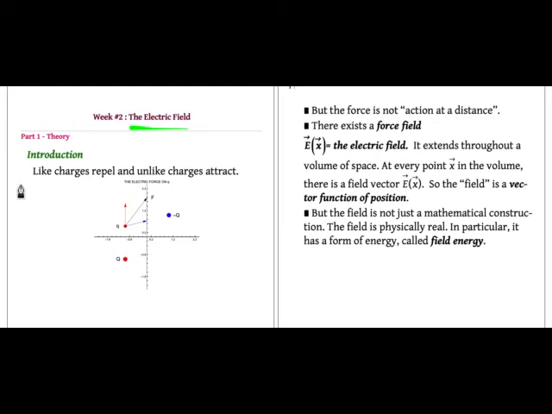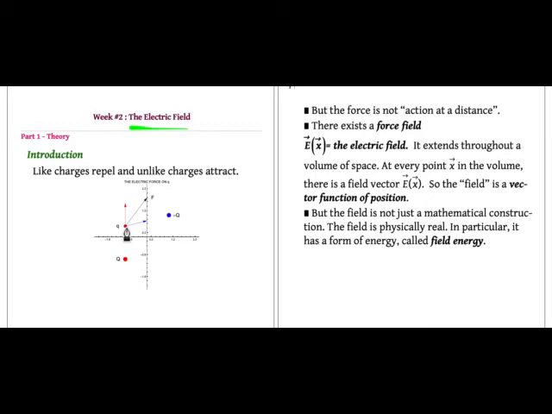We know from last week, like charges repel and unlike charges attract. So if we had a system with two charges plus Q and minus Q, and a third charge little q, well, then there would be two forces on the smaller charge.